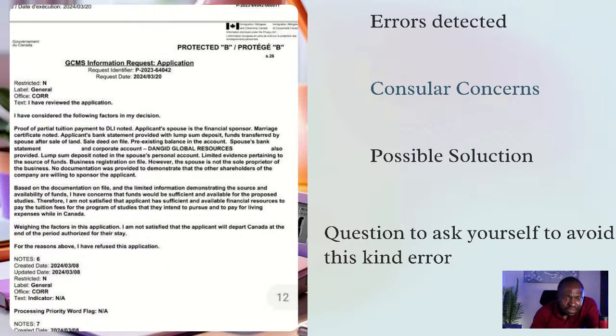Therefore, I'm not satisfied that the applicant has sufficient and available financial resources to pay the tuition fees for the program of study that they intend to pursue and to pay for living expenses in Canada. Weighing on the factors in this application, I'm not satisfied that the applicant will depart Canada at the end of the period authorized for their stay.